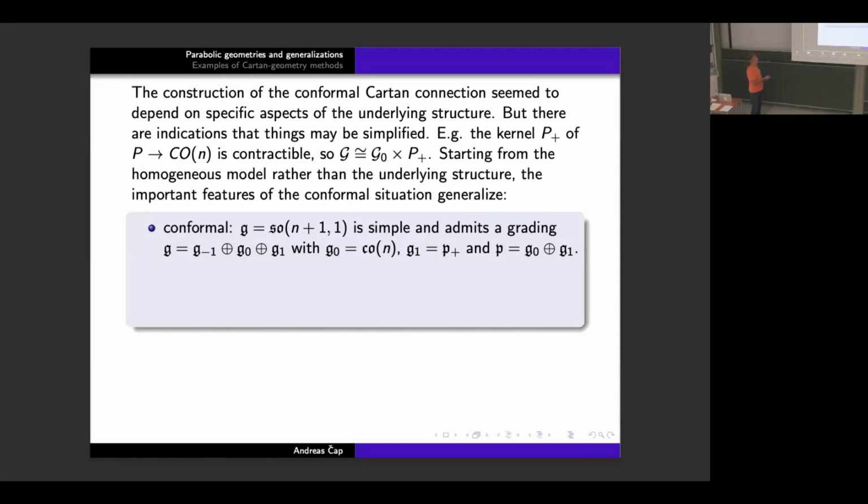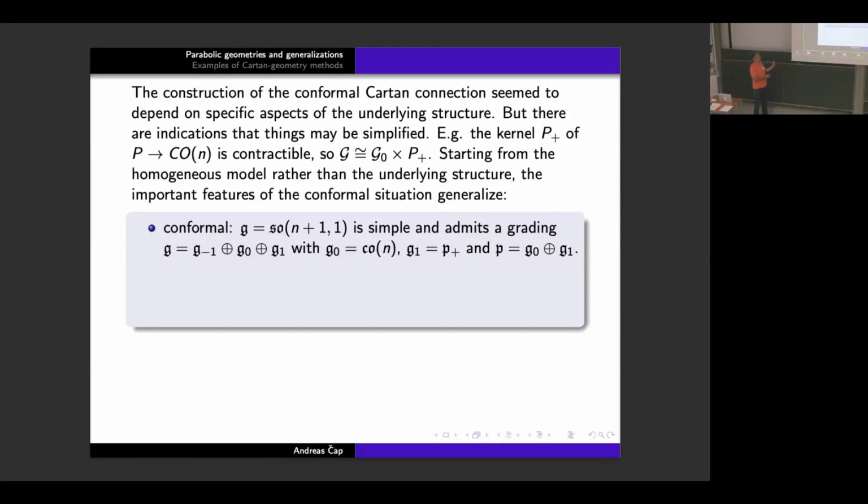And so if you look at the Lie algebra of a Lorentz group, then this admits a very nice and simple decomposition of the form g = g_{-1} + g_0 + g_1, which is a Lie algebra grading. And so this g_0 here corresponds to yesterday's notation. This is the Lie algebra of the conformal group.